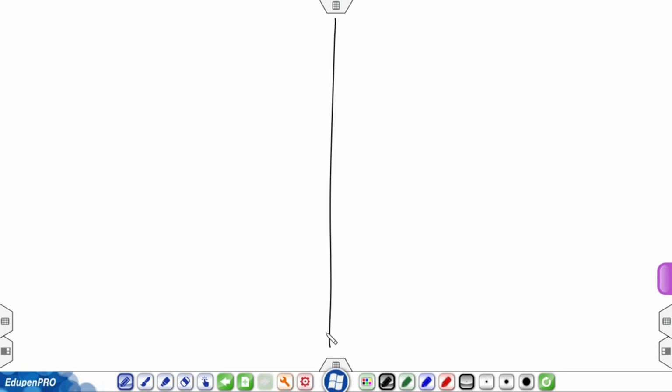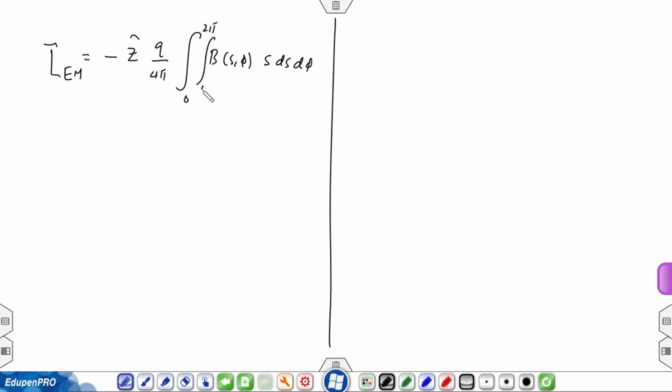I have L E m is equal to minus z q over 4 pi integration B s phi s ds d phi 0 to 2 pi, s is going all over the place, right. S integration is from 0 to infinity times minus 1 to 1 d cosine theta. This is 2.